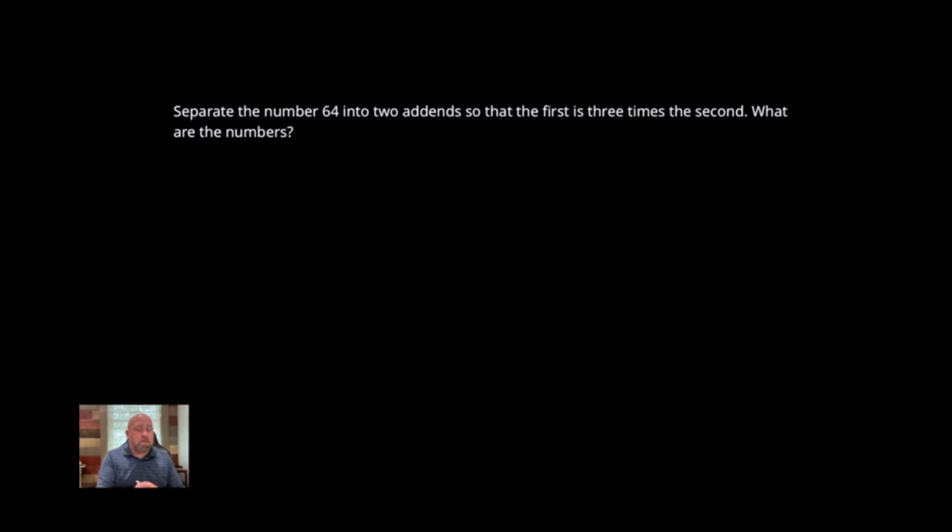So anytime you see the word is, like separate the number 64, or what are the numbers, or something like that, that's going to be an equal sign. So this thing is going to equal 64. Now what are these numbers that we're looking for?